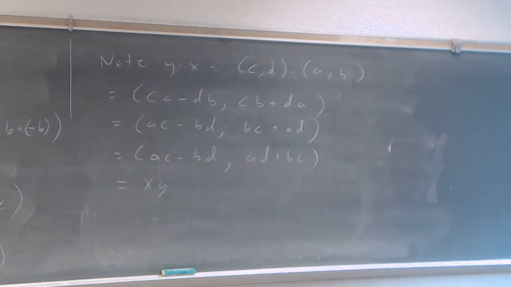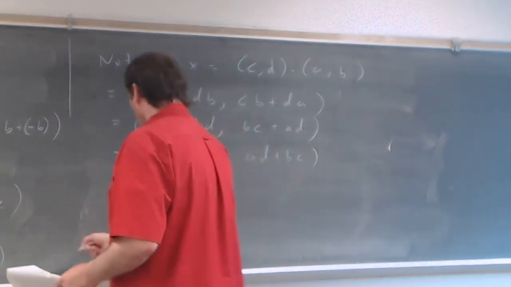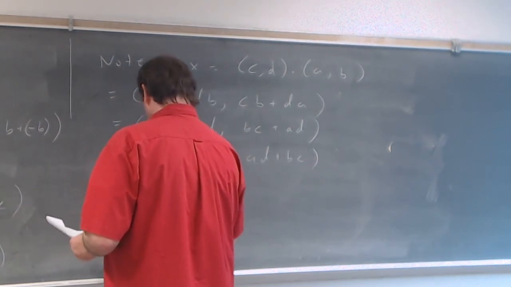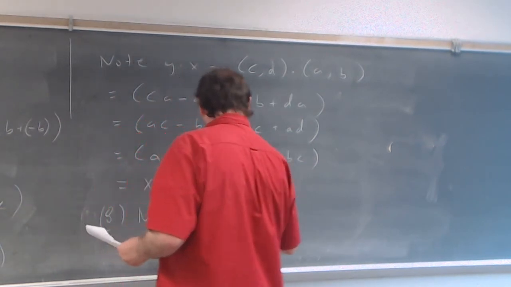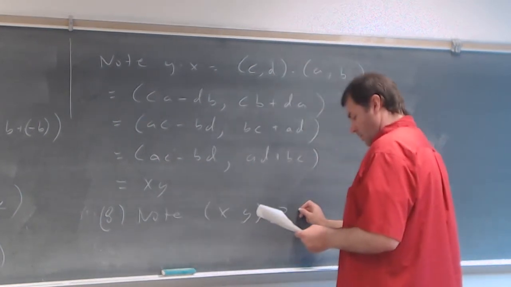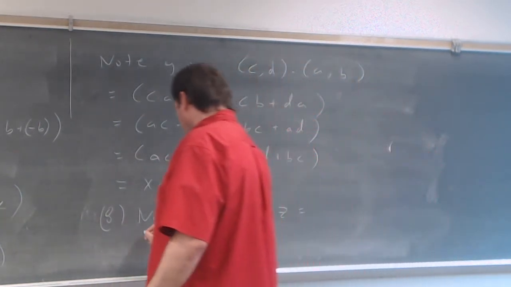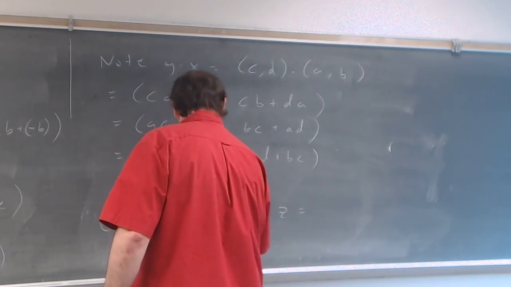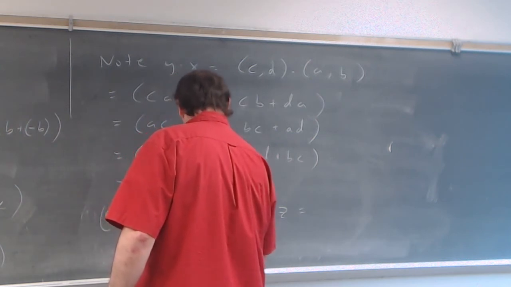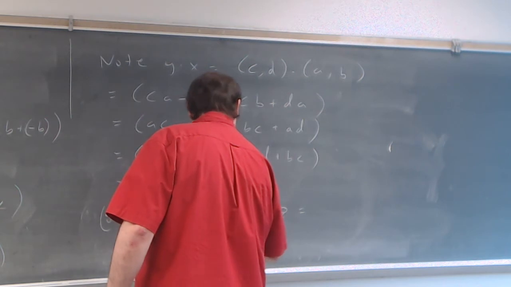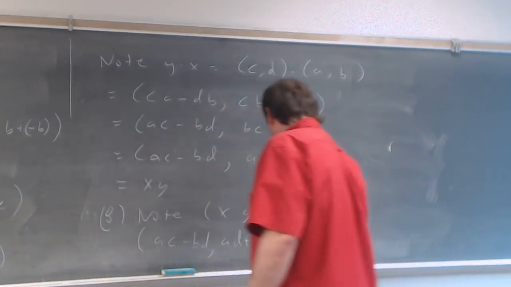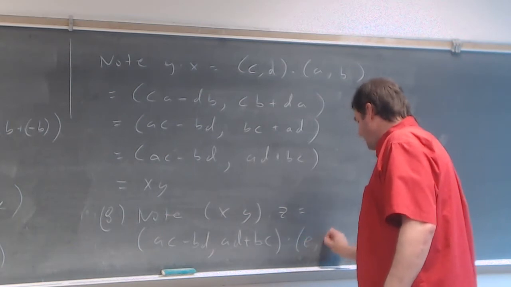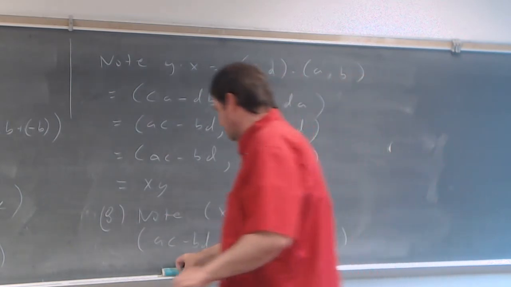Now we want to show the associativity. Note that x times y, then times z, will be equal to, well, this will be (ac minus bd, ad plus bc), that's x times y, and then times (e, f), so you do this multiplication.